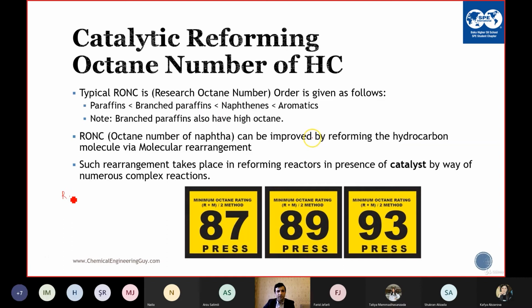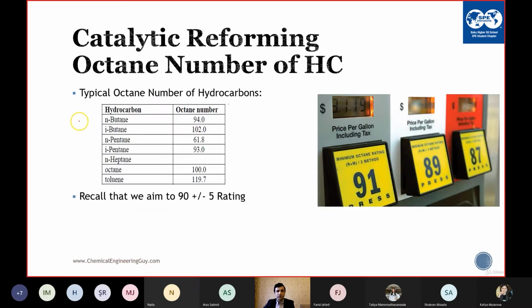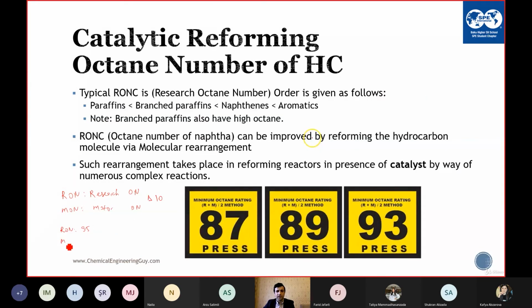So we have the RON, which was also in the second session, the research octane number, and we have the MON, which is the motor octane number. These are different ways to measure the octane number of naphtha or gasoline products. There is a difference of around 10, not always exactly 10. If RON is 95, then MON will be 85.